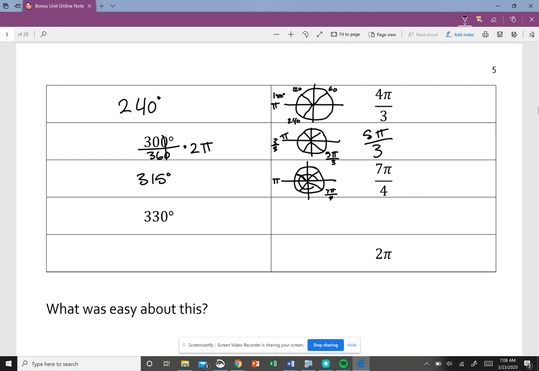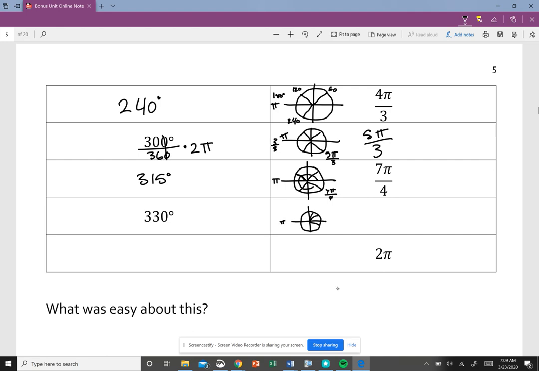So if I'm looking at 330 degrees, that is 30 degrees short of 360. So if I'm looking at my circle here, 30 degrees short of 360 would put me about there. Well, if you remember, 30 degrees is 1/6 of pi. So I need to split pi up into 6 pieces.